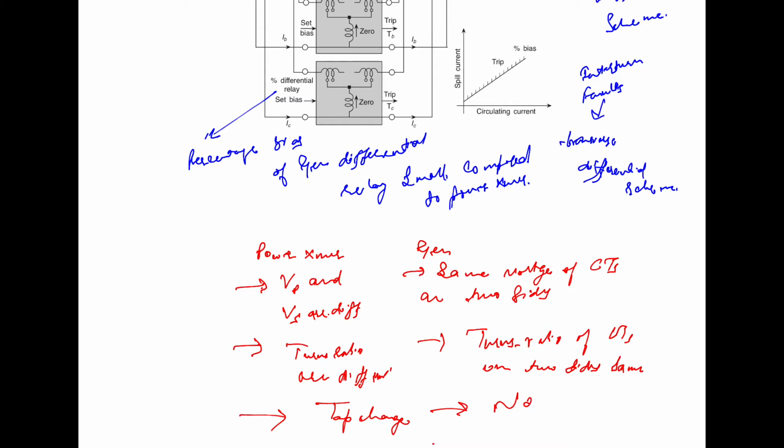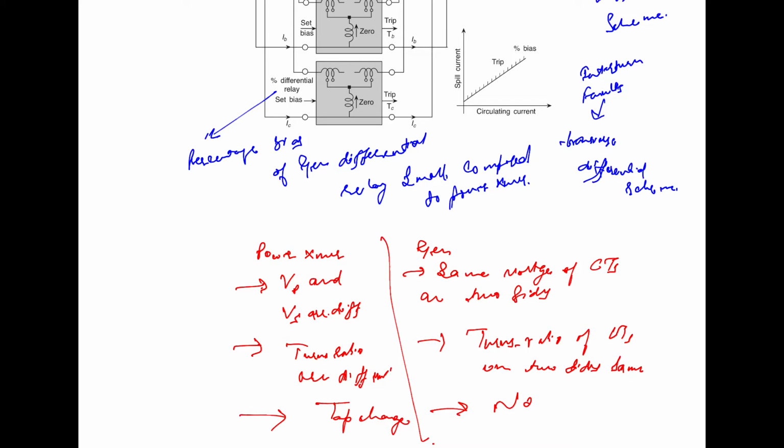So this gives rise to a large spill current during normal load and external faults in the transformer differential protection, compared to the generator differential protection, because of these differences.